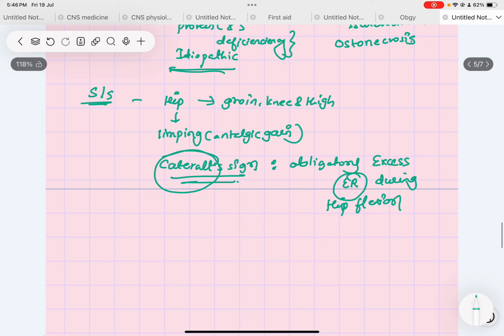And due to all this, the child can't sit cross-legged and can't squat.